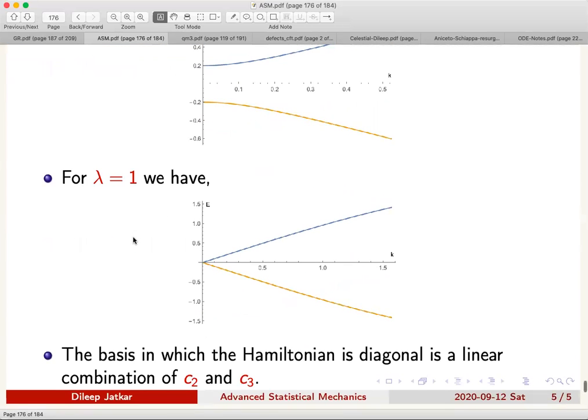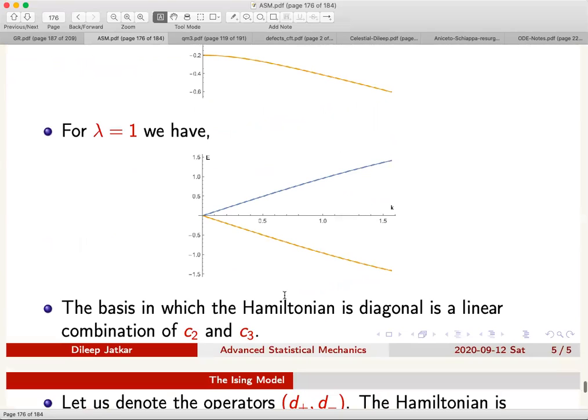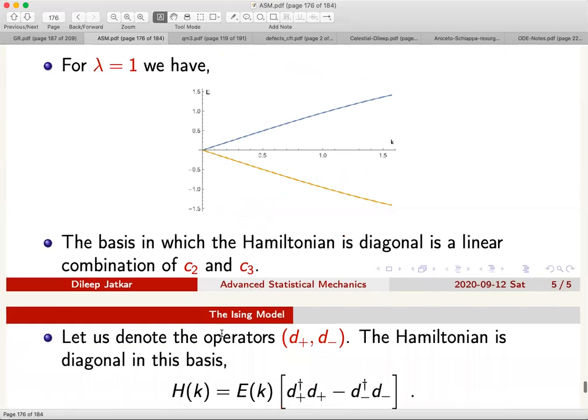Fine. So of course, the Hamiltonian would be diagonal not in the C2 C3 basis. So what we do is we'll denote the new basis as D plus and D minus, in which the Hamiltonian is diagonal.